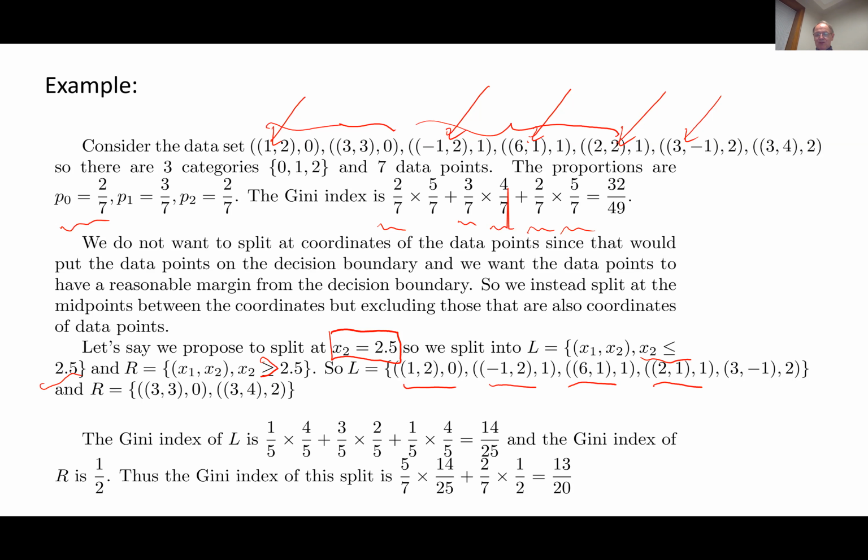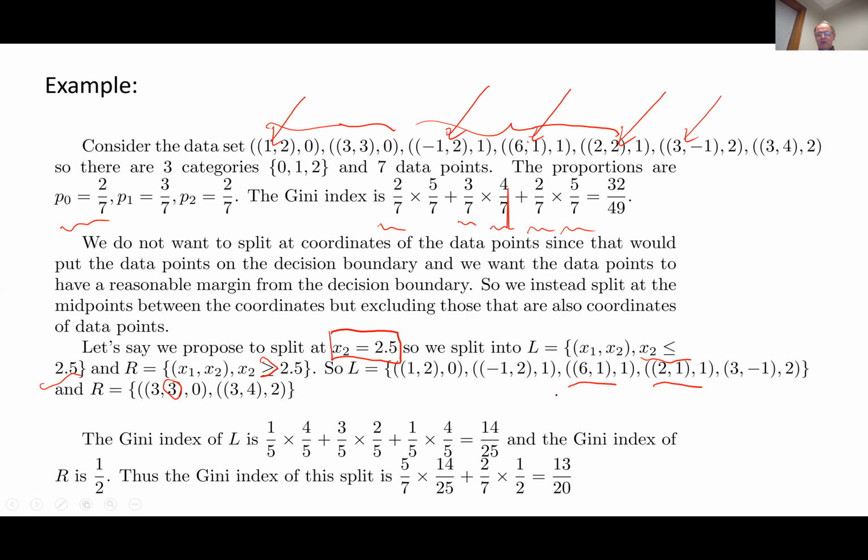It's the midpoint of the first 2 points, this one and this one. So that would be a midpoint, and it's not a coordinate of any of the data points. So there will be a possible candidate for a split here. Okay. So we will see what we get if we split here.